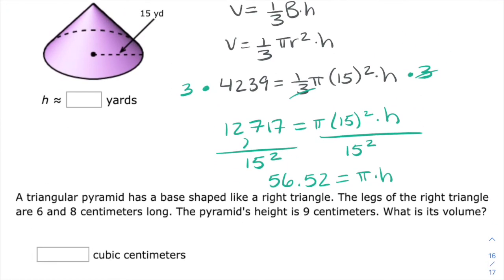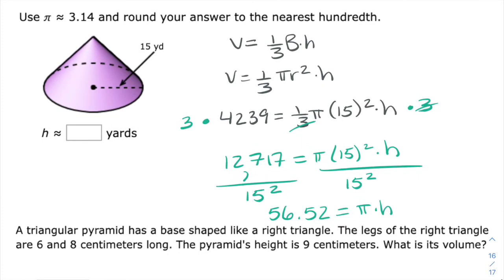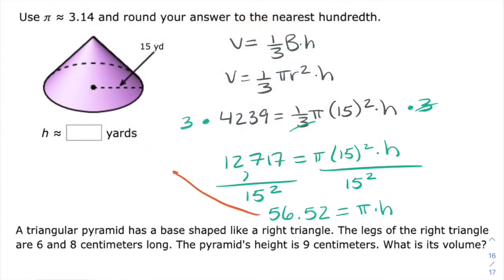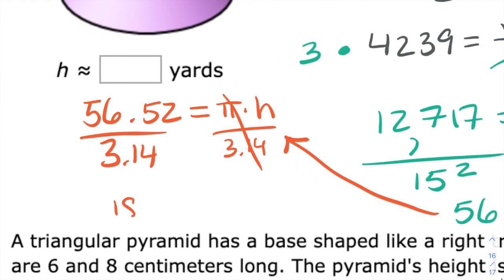And now I have to divide, I'm running out of room here. 56.52 equals pi times h. Divide both sides by 3.14 because they want me to use that number for pi, and I get exactly 18.